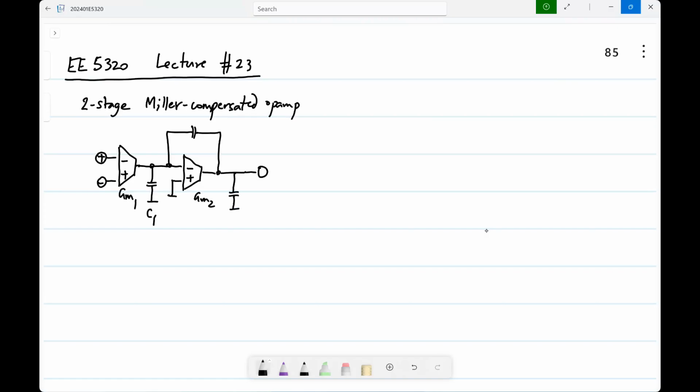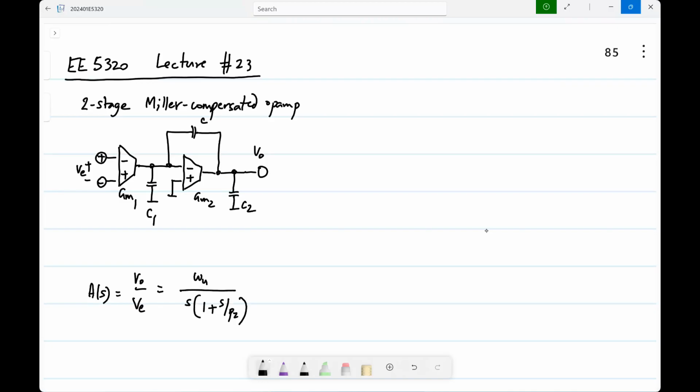This is the output C1, C2, and C. We don't have to worry about the expression in terms of the component values, but we do know that the gain of the op-amp, which is the gain from its input to the output, will be of this form, right?